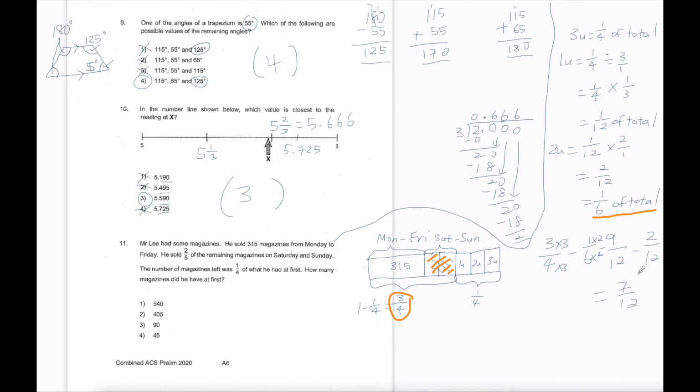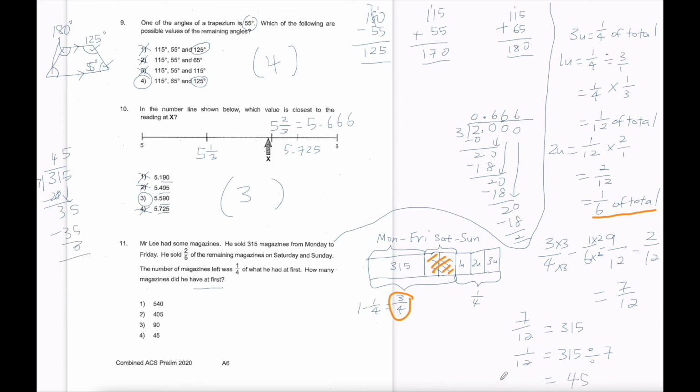Got it? So 7/12 is actually equals to 315. Okay, how many cousins did he have at first? 1/12 will be 315 divided by 7, which is equals to, I'll do the working here. $45.